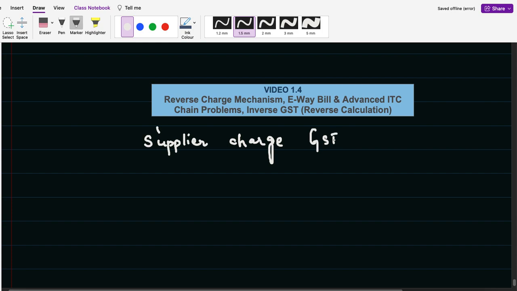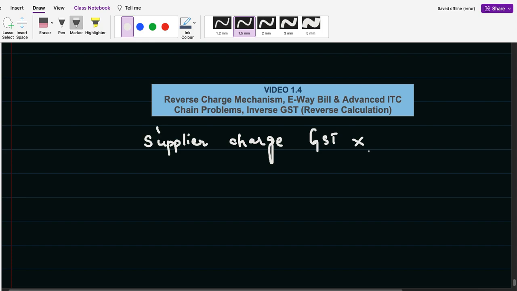However, in this case, under reverse charge, the supplier will not charge any GST. They will charge only the cost price or whatever the selling price is to the customer, but not the GST.